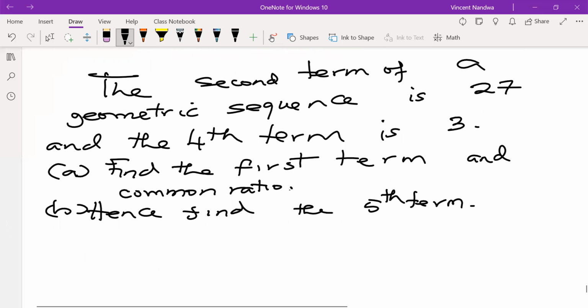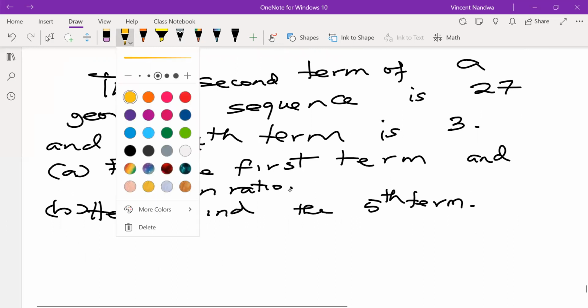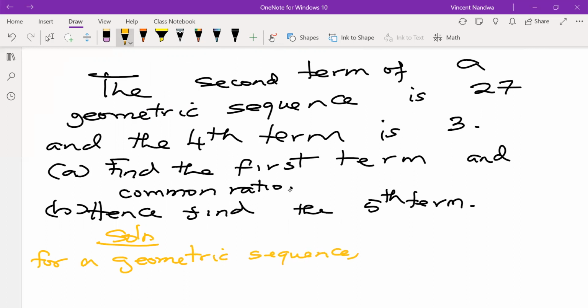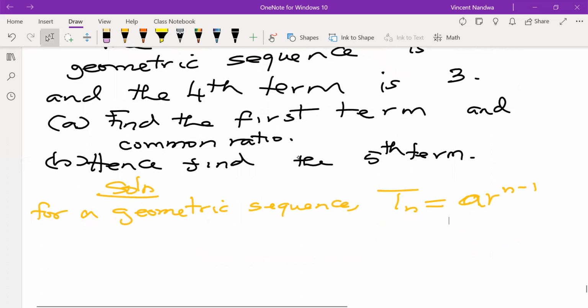So clearly we have been told that the given sequence is geometric. So we know that for a geometric sequence, the nth term is given by a r to the n minus 1. When the second term is 27, T2 equals a r^(2-1) should be 27.